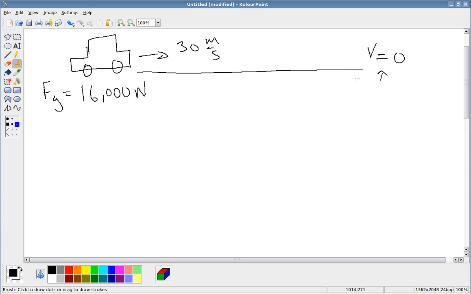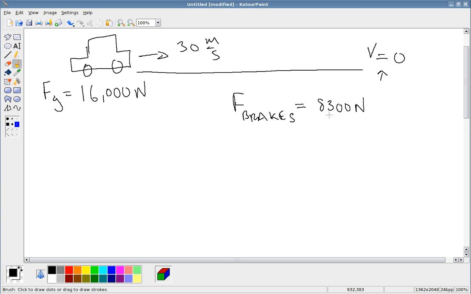There is a braking force, the force of brakes, which is equal to, let's say, about 8,300 newtons. Okay?